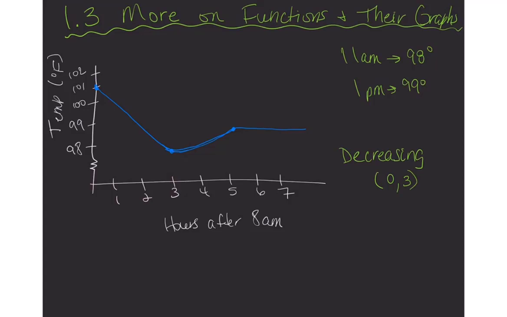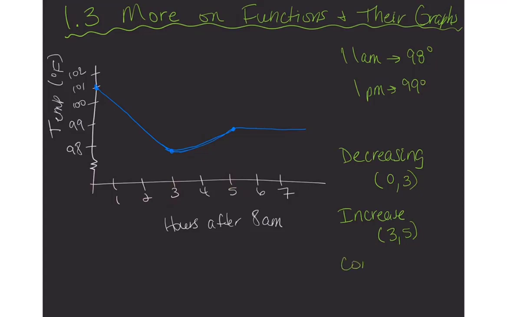And then after we decreased, we decided to increase. At what value did we start to increase? 3. And we continued to increase until we got to 5. So from 3 to 5.